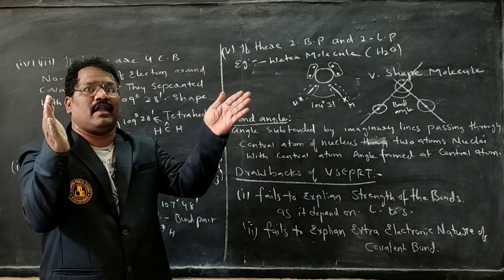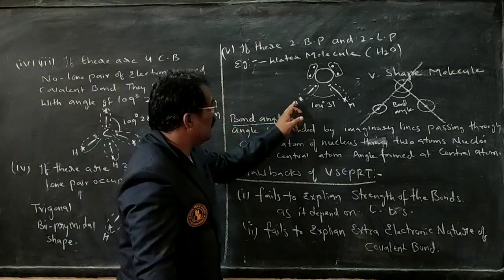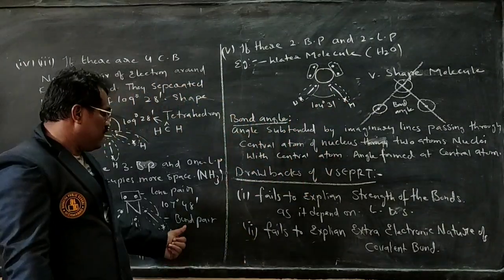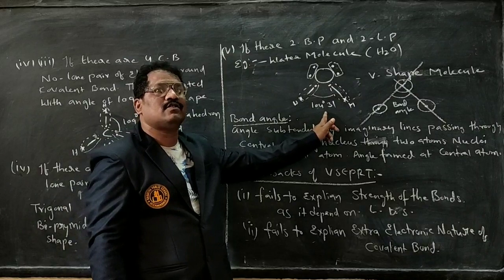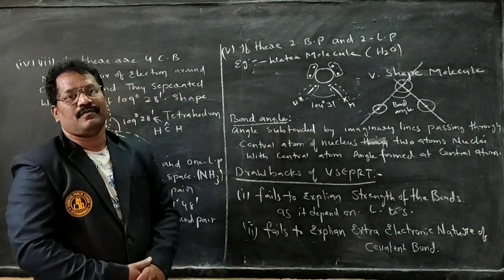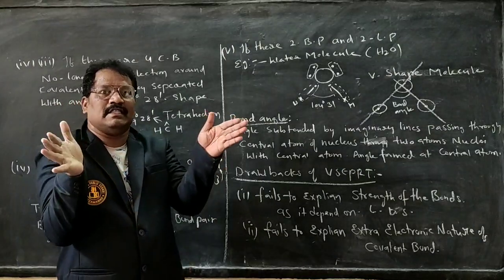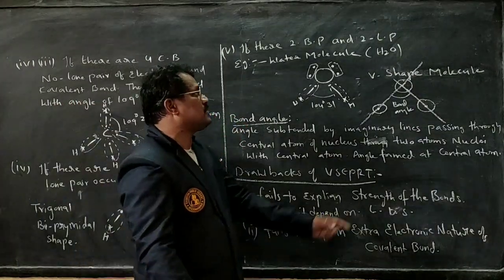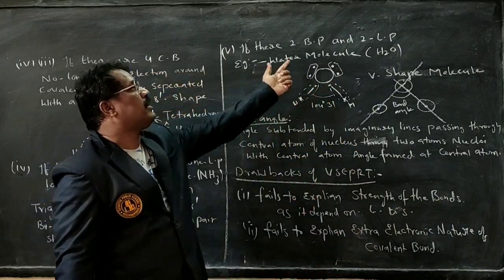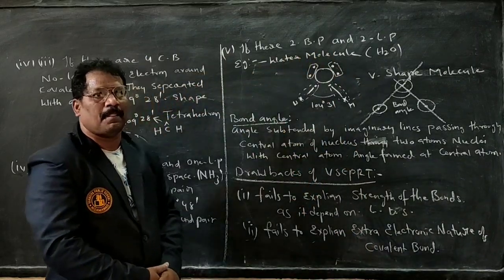The bond angle between hydrogen, oxygen and hydrogen gradually reduces from 107 degrees to 104 degrees 31 minutes. Due to that reason, it attains a new shape, called V-shaped molecule. The best example is the water molecule.